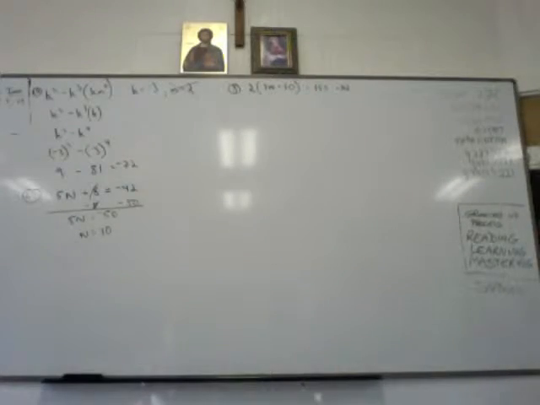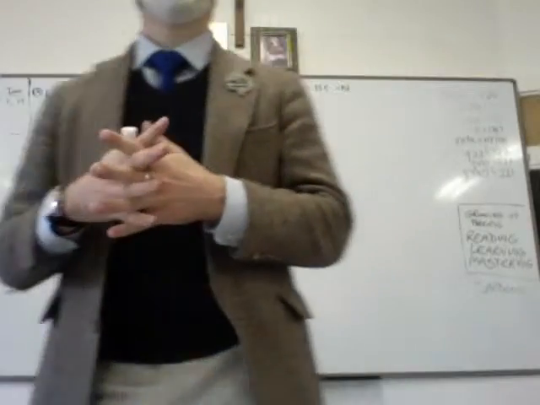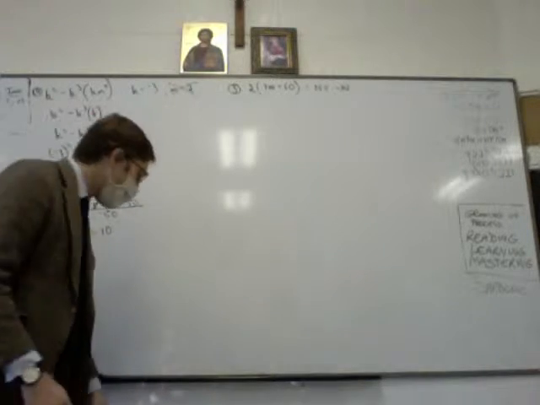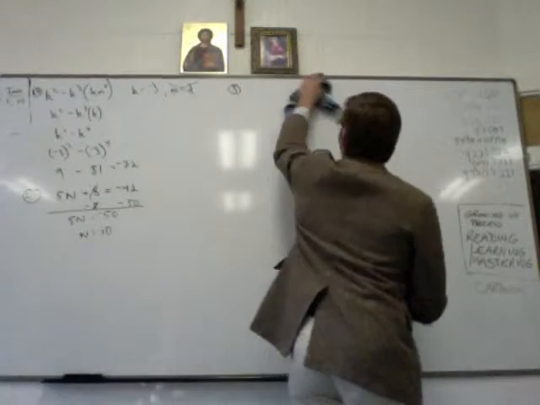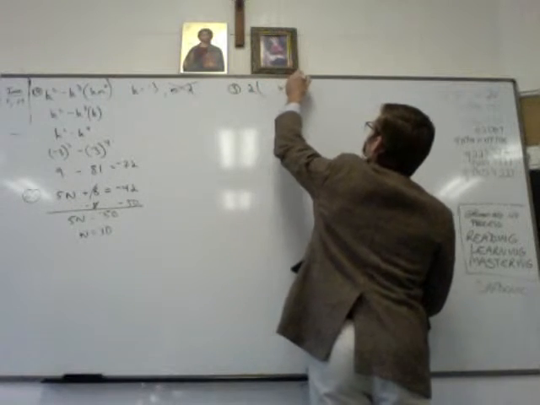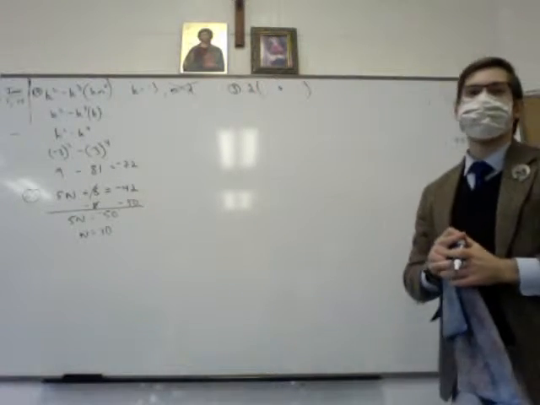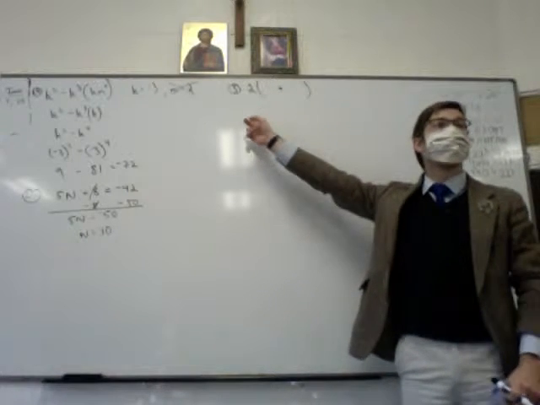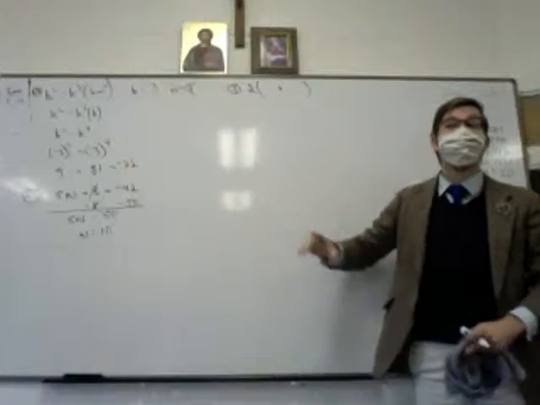The sum is the result of what operation? Addition, right? So we're doing some addition. When you see something like twice the sum, a good way to write that is 2 outside the parentheses, and then there's addition inside the parentheses. There's some sum that we're doing, and we need twice that.